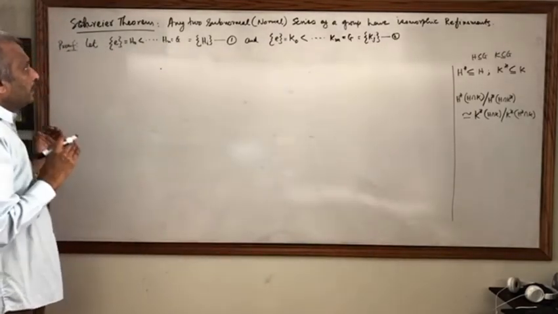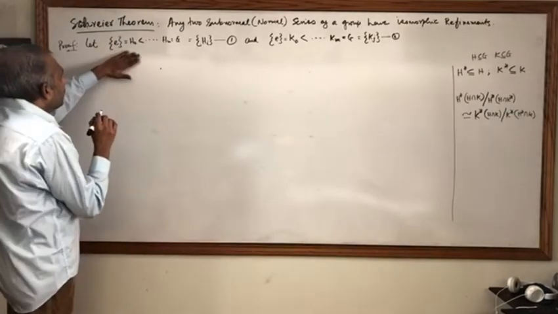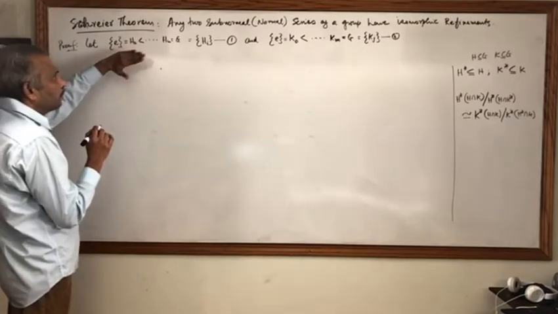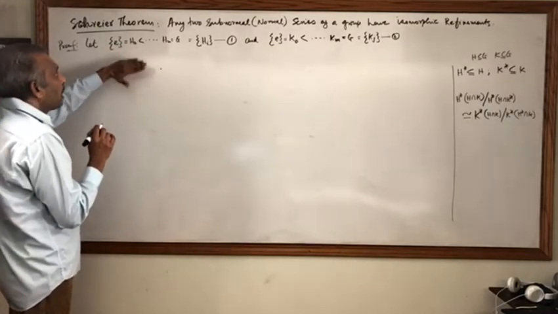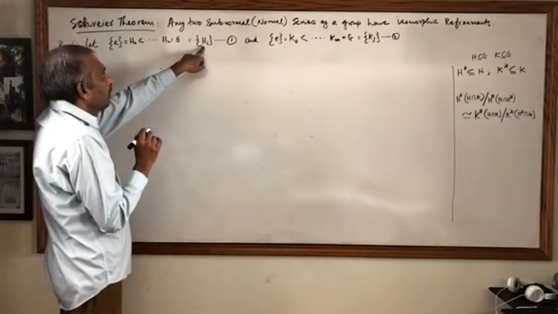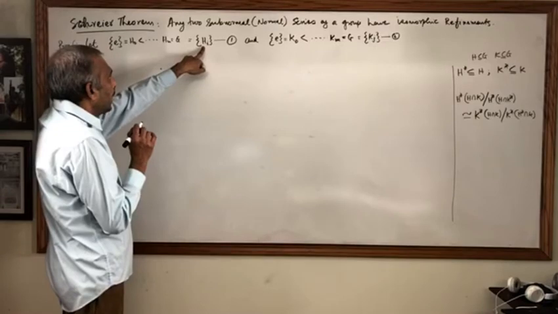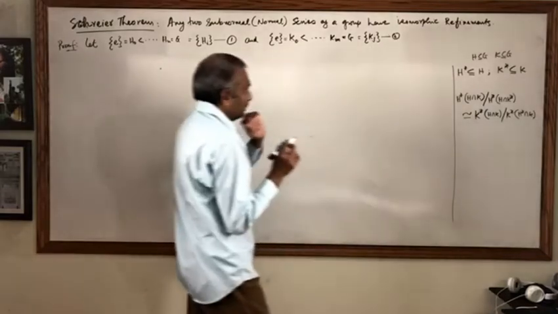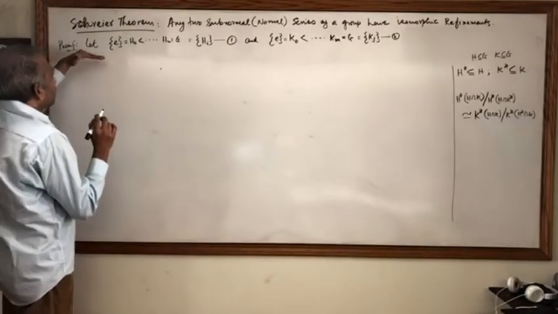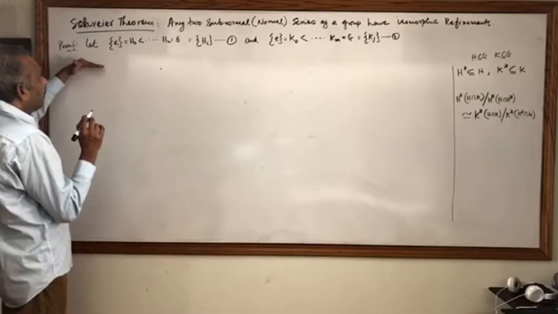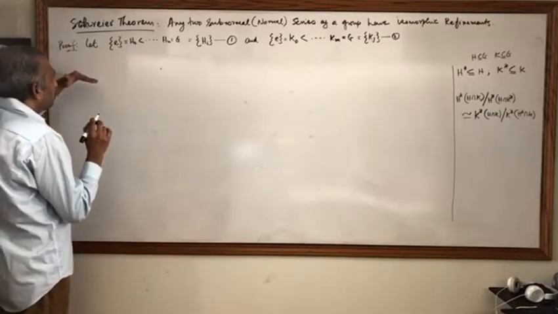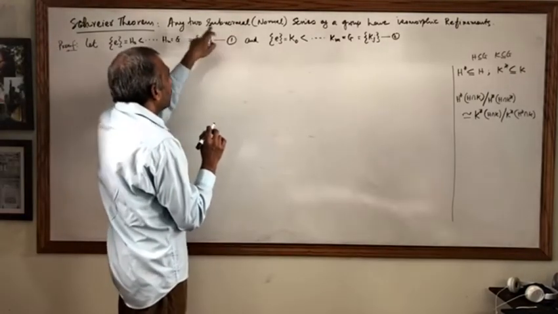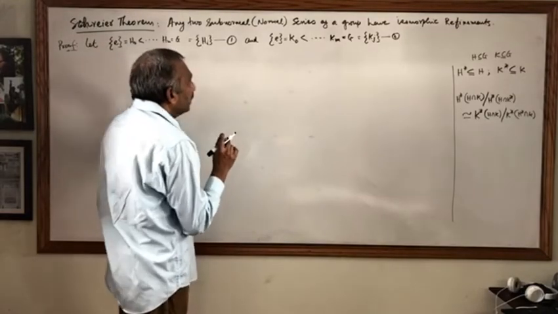So the idea is to create two sequences of subgroups. One contains the collection of the subnormal series Hi, the second contains the subnormal series Kj. The sequence of subgroups which we are going to create is not necessarily a subnormal series because some of them may be repeating.